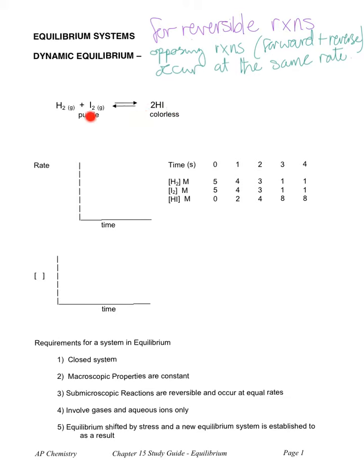So the hydrogen and the iodine react together to form hydrogen iodide, but then the hydrogen iodide dissociates to form hydrogen and iodine back again. Some reactions are easier to tell when you've reached equilibrium. A reaction like this, where you have different colors in the reactants and the products, you can kind of tell. Others you can't.